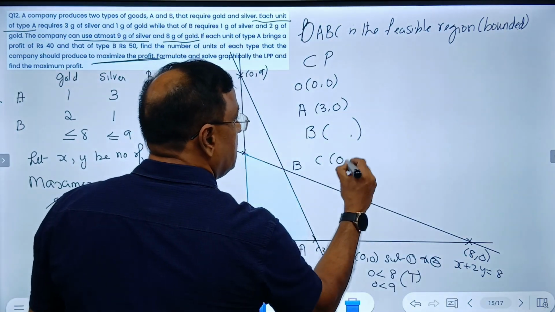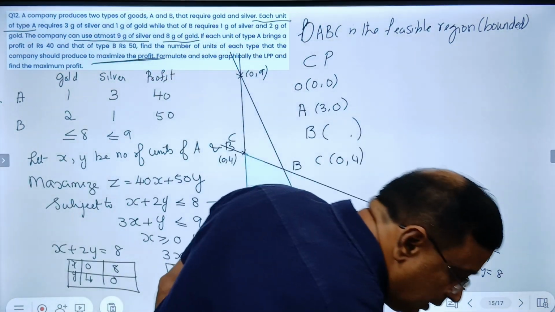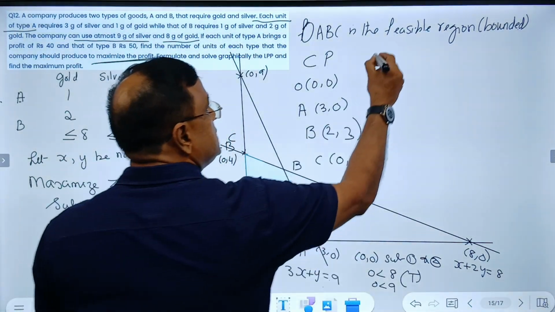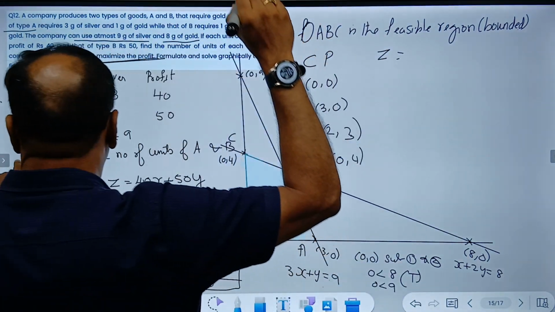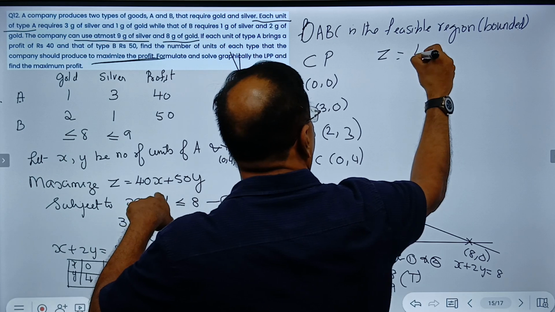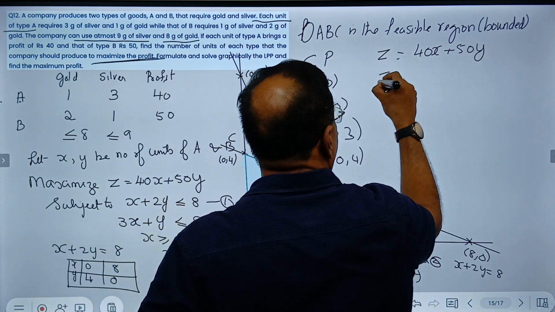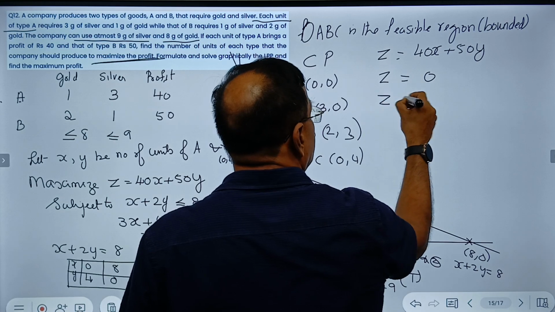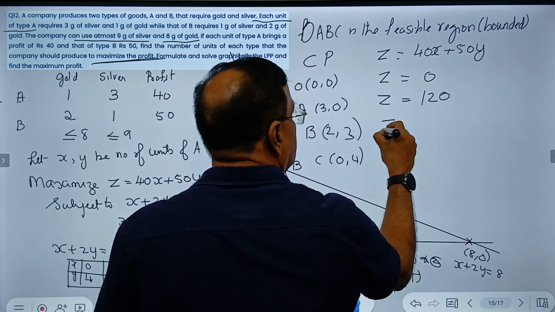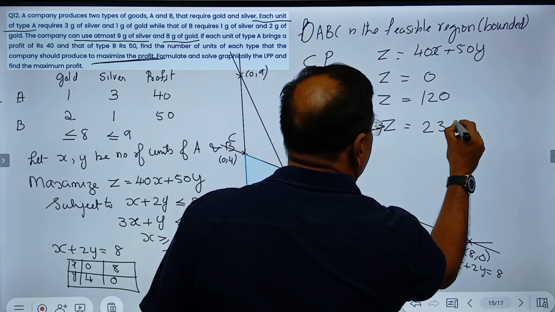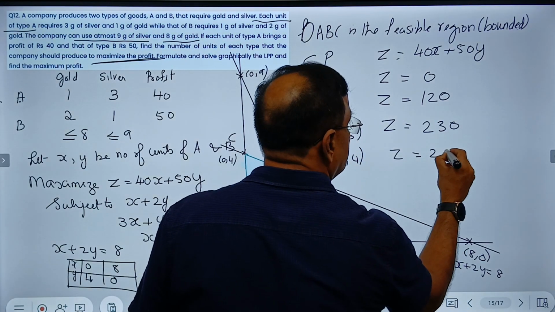Now what is B? B is nothing but 2, 3. Now find Z. The Z values are 40x plus 50y. Now substitute. Z equal to 0, Z equal to 120, Z equal to 230 and Z equal to 200.